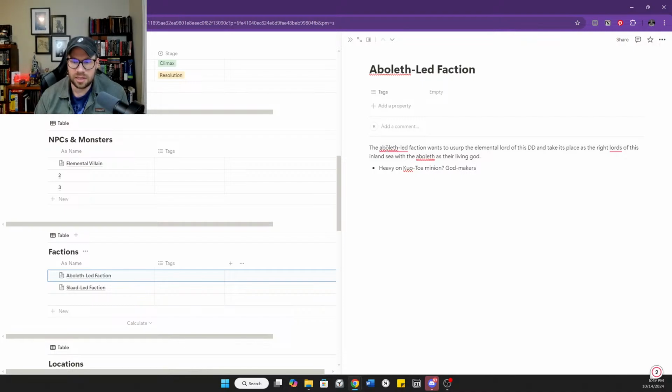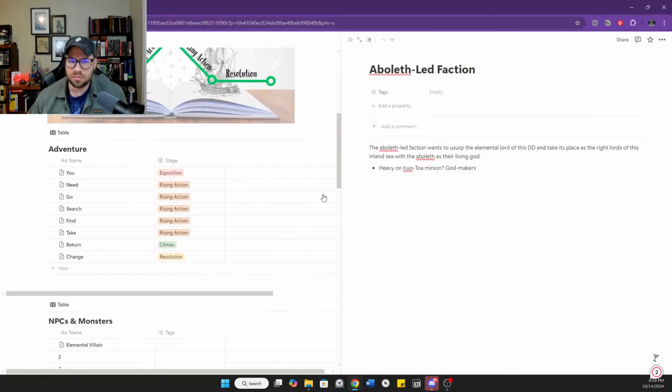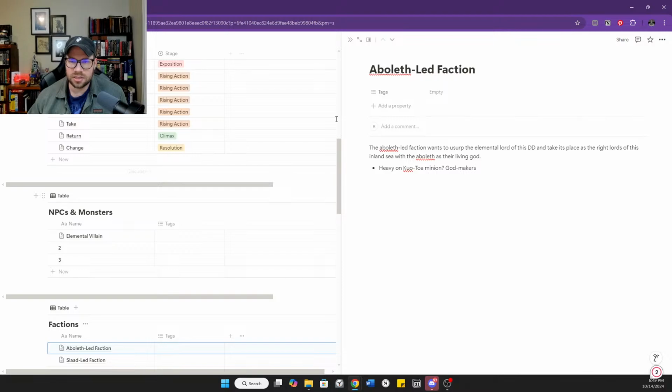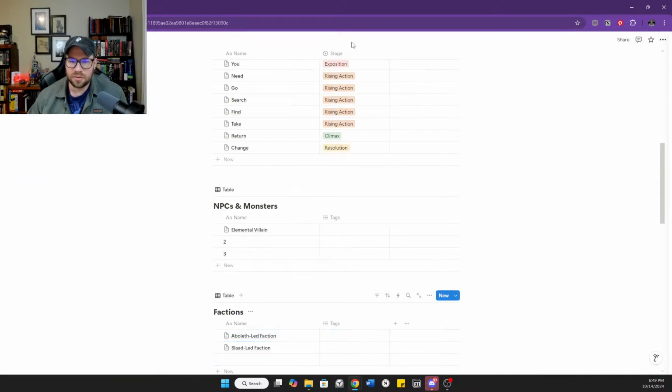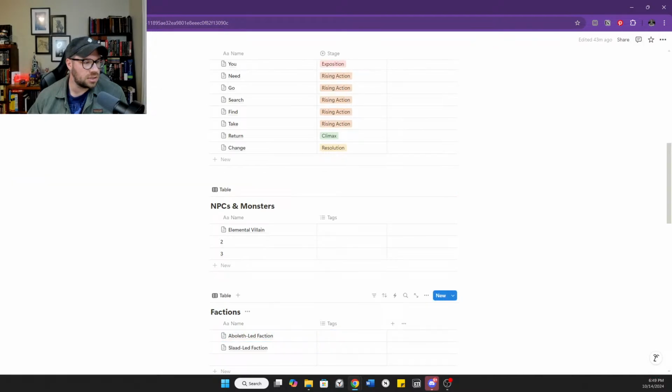So yeah, and that would give us a creature to work with here. It would also give us an idea of what level we want to start this at, if Kuo-toa are our core minion for this. So let's take a quick gander at Kuo-toa.